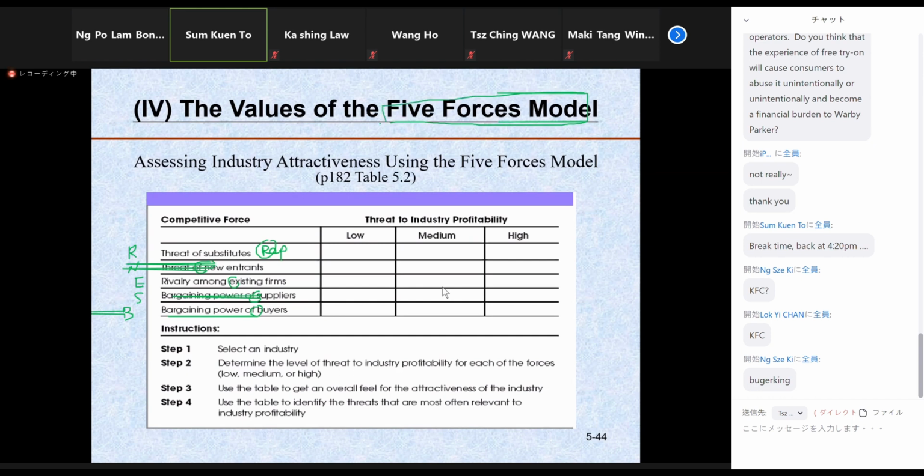So after you conduct the 5 forces model, the outcome will be something like this. If the bargaining power of the buyer is very high, they control you. Bargaining power of supplier is quite high, just for example. And then there will be a lot of competition, and new competitors can join in anytime.